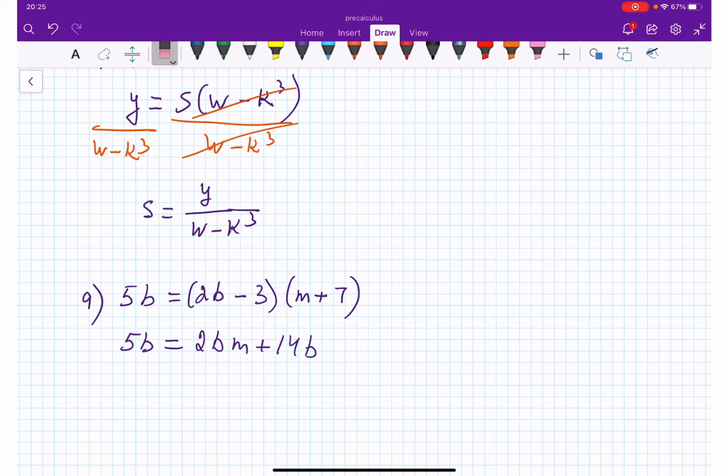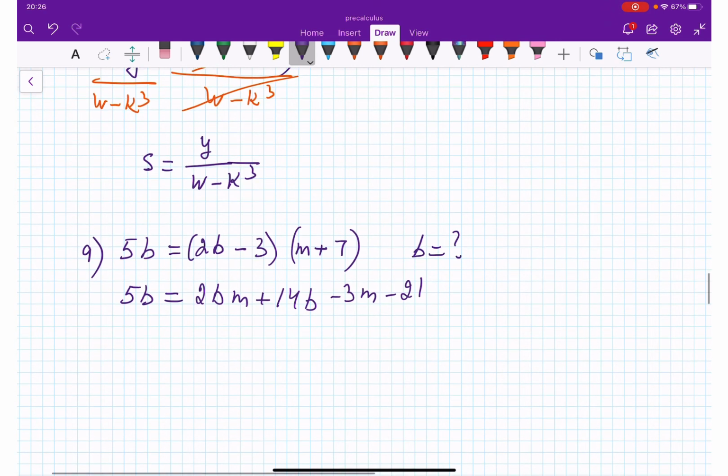Okay, next, negative 3 times m, it's going to be negative 3m, and negative 3 times 7, it's going to be negative 21. Okay, so what do we have here? Let me write down, we need to find b, right?